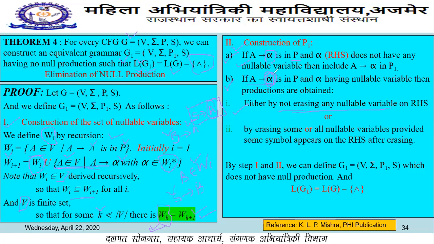If alpha has nullable variables and we have such a production in the set of productions of a given grammar, then we can obtain a new production by not erasing any of the nullable variables, or by erasing some of them. Due to that, the right hand side has some other symbols, so it does not become null.